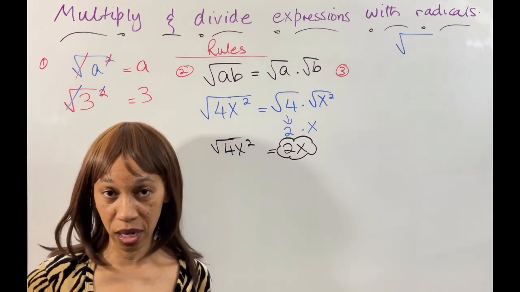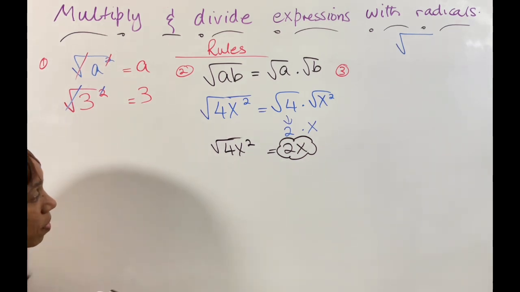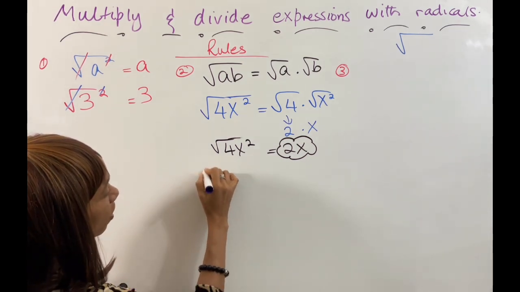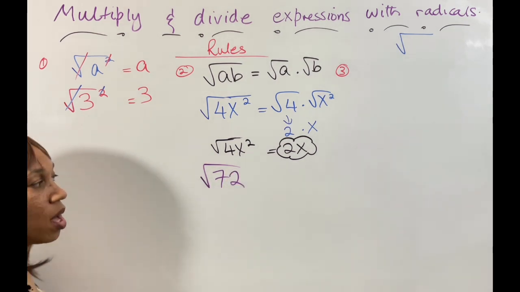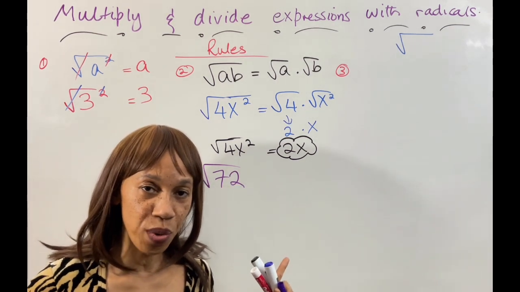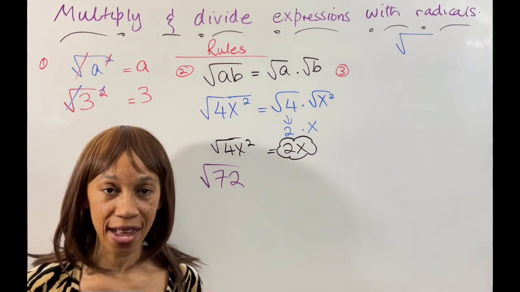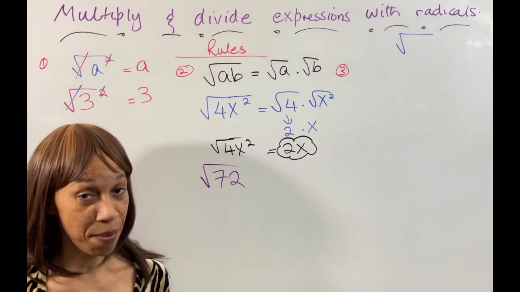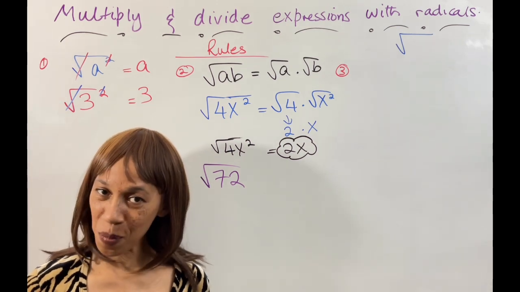Now, if we are given an expression that doesn't have any variable there, it just has a number, a monomial constant, a number that stands by itself, we can further do the math on this. Say for instance, we are asked to break this down, simplify radical 72. The first thing we must do with radical 72 is break it down into 2 factors. One is going to be a perfect square, and the other is going to be a non-perfect square.